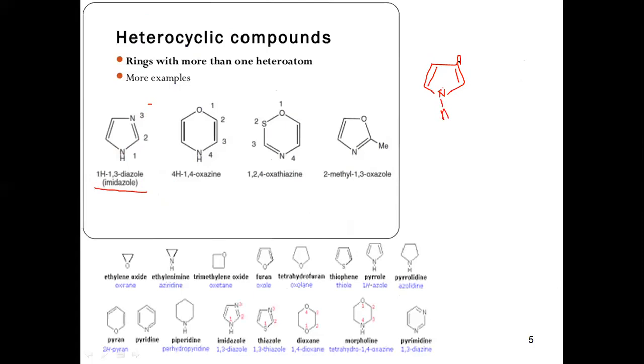But if you replace another carbon by nitrogen, meaning you insert 2 nitrogens in the cyclopentadiene, you will get the imidazole structure. You can see there are 2 nitrogen atoms in this ring, and this ring is also aromatic in nature because of 6 pi electrons in delocalization.